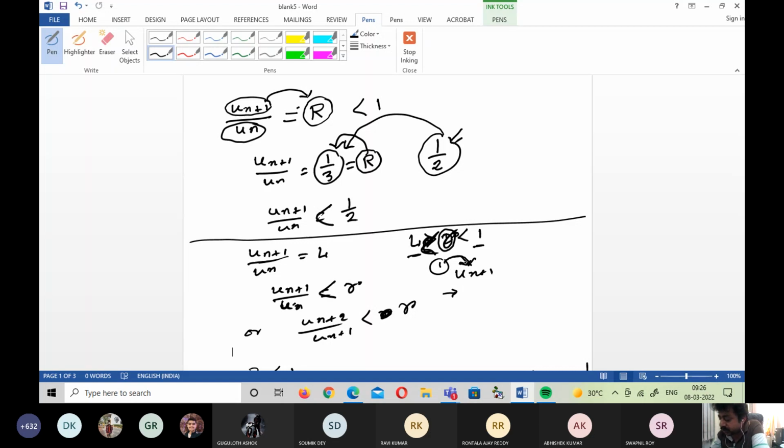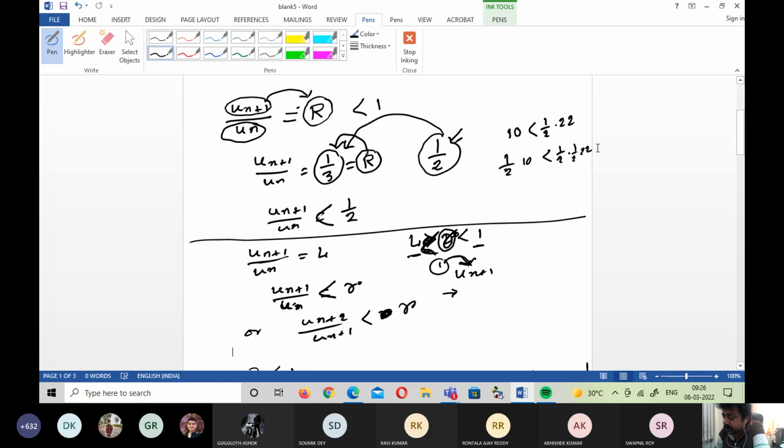Now just see one thing. Suppose 10 is less than half into 22. Can it be written? So 10 can be written as less than half into 22.